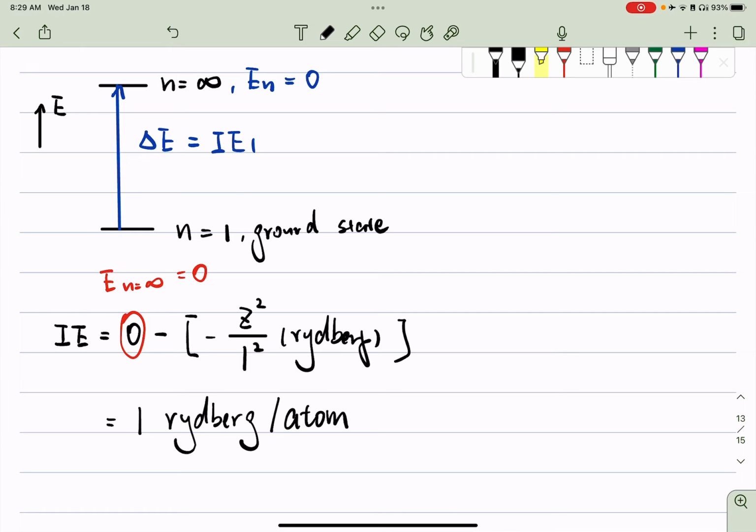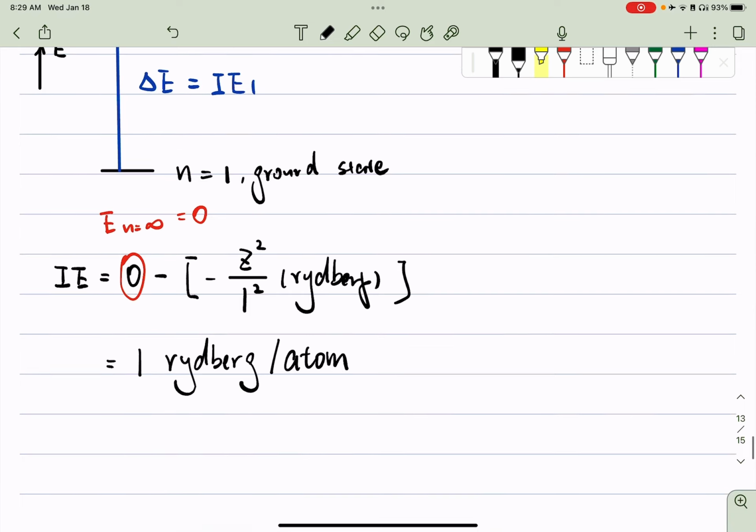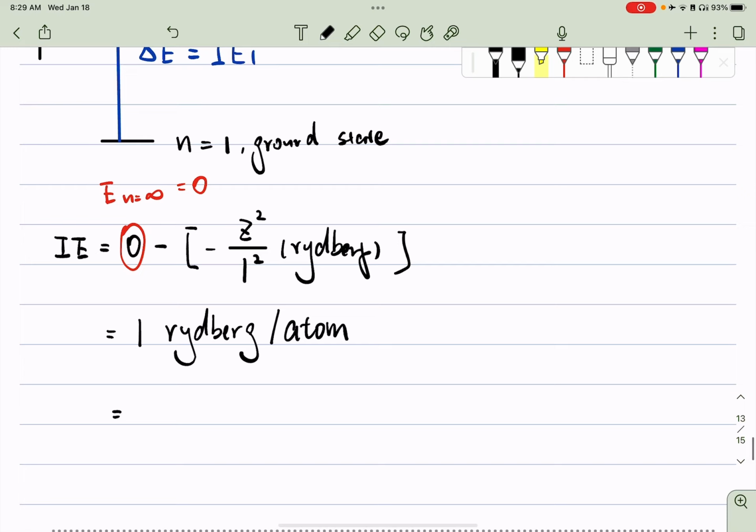Right, so the ionization energy required to remove one electron from one hydrogen atom is 1 Rydberg. And we can translate that 1 Rydberg per atom into joules per mole. That's 1.31 times 10 to the 6 joules per mole. And you can check the experiment and see that it actually matches up.